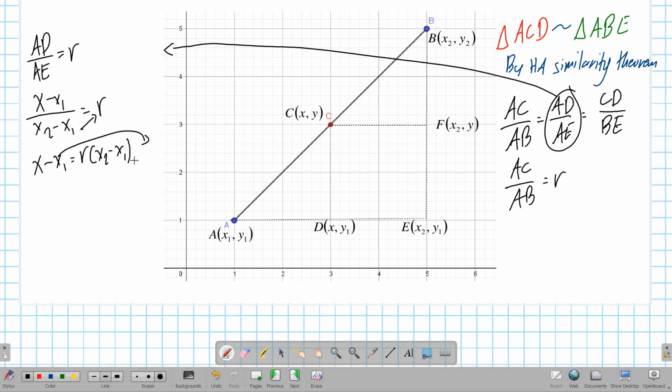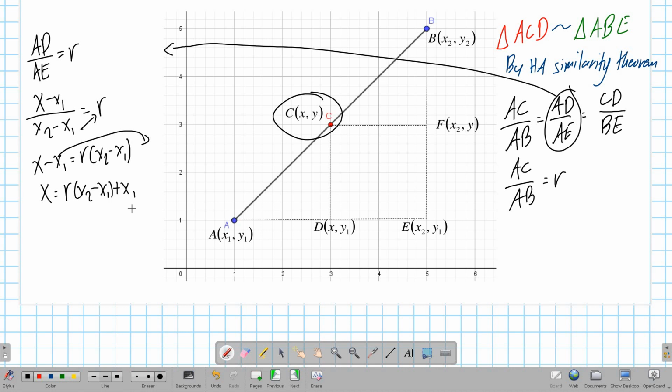Do we need to distribute the R? We can leave it as is. So transposing, the formula for the point that divides the line segment AB into two unequal parts would be R times x sub 2 minus x sub 1, plus x sub 1.